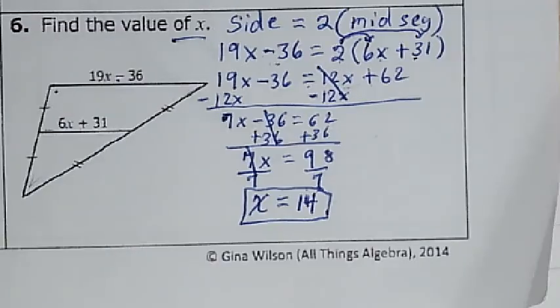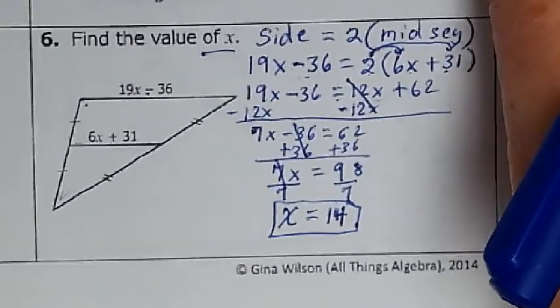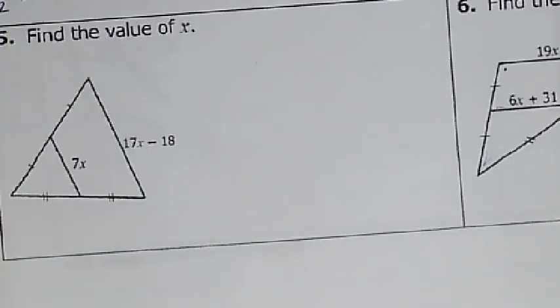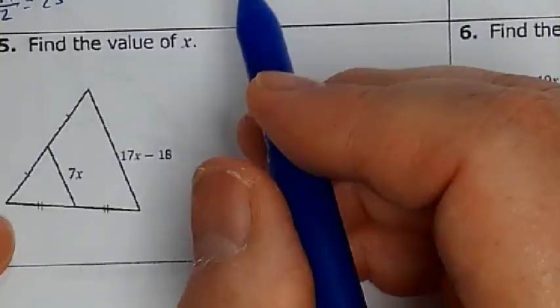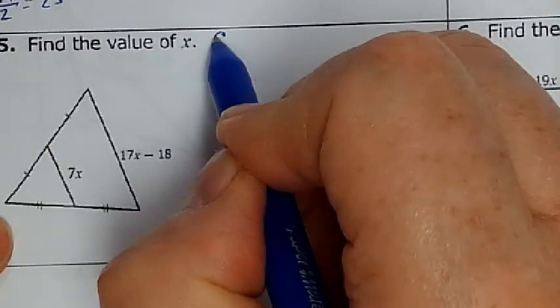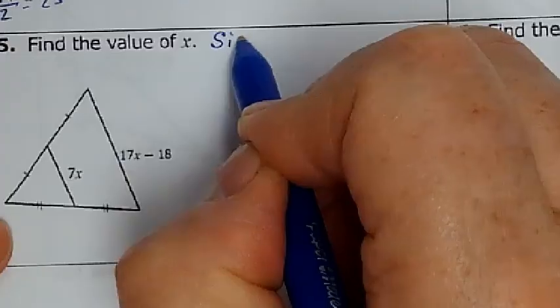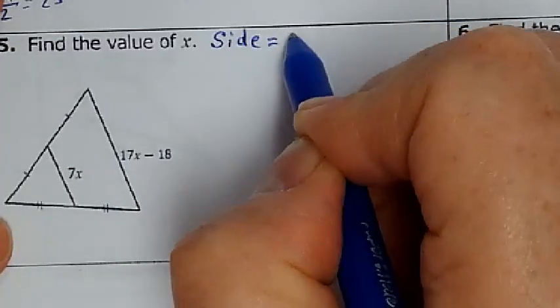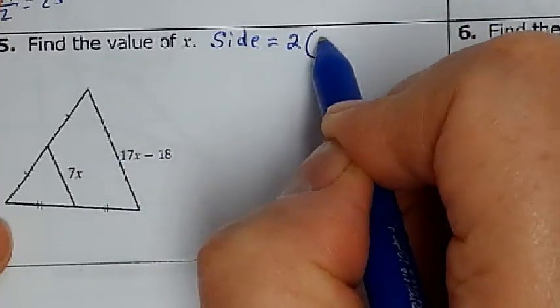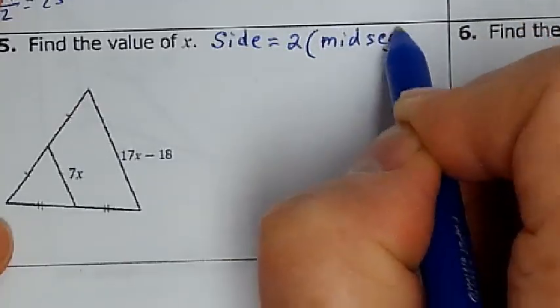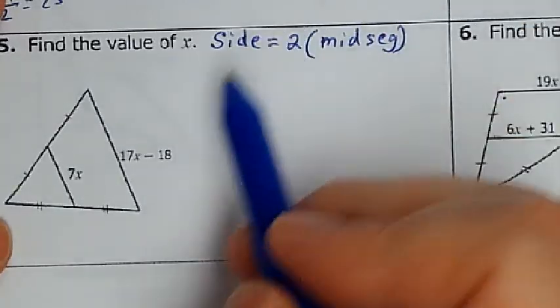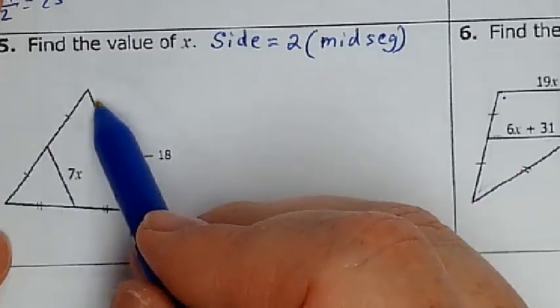That's the concept. Look at number 5, because number 5 you're going to be required to do. And I'm just going to give you a hint for number 5. The side of the triangle equals 2 times its parallel midsegment. Just remember that. And what is the side? Is it the 7x or the 17x minus 18? The 17x minus 18.